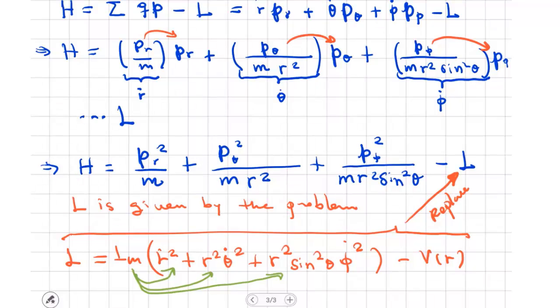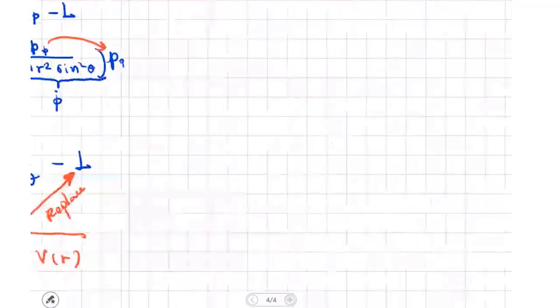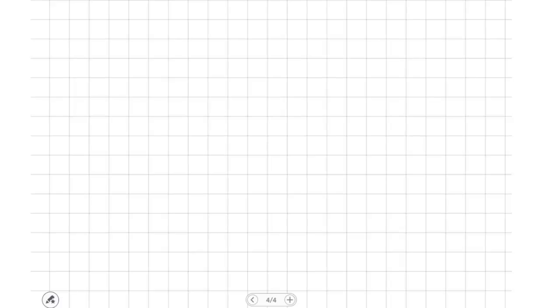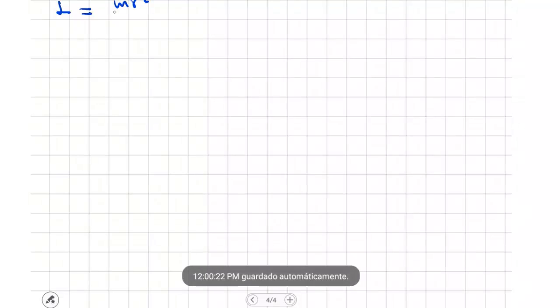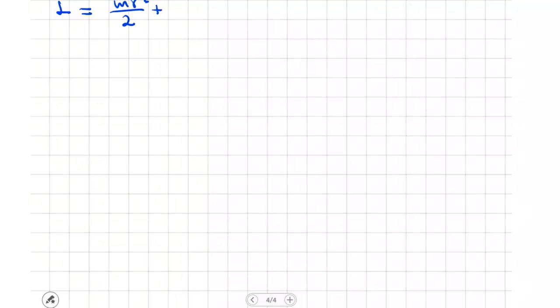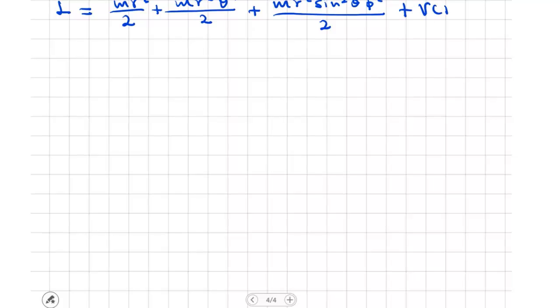All right, that way we get for the Lagrangian the following equation: L equal to m r dot square dividing 2 plus m r square theta dot square dividing 2 plus m r square sine square of theta phi dot square dividing 2 plus the potential. All right.